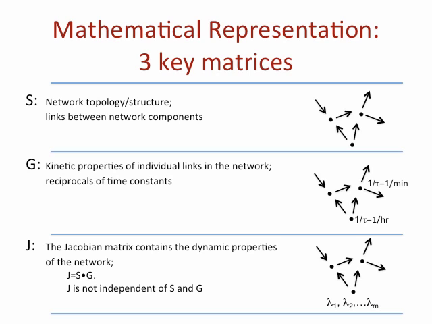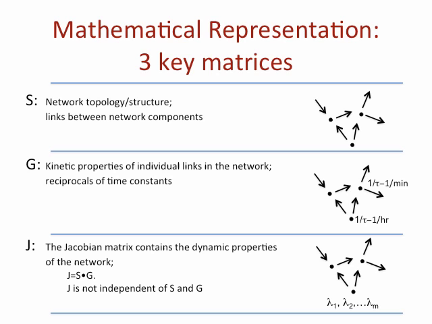J is a Jacobian matrix that gives us the dynamic properties of a network as a whole. It is not independent of S and G, but rather it is the matrix product of S and G. The Jacobian matrix is a key matrix in performing analysis of biological networks.